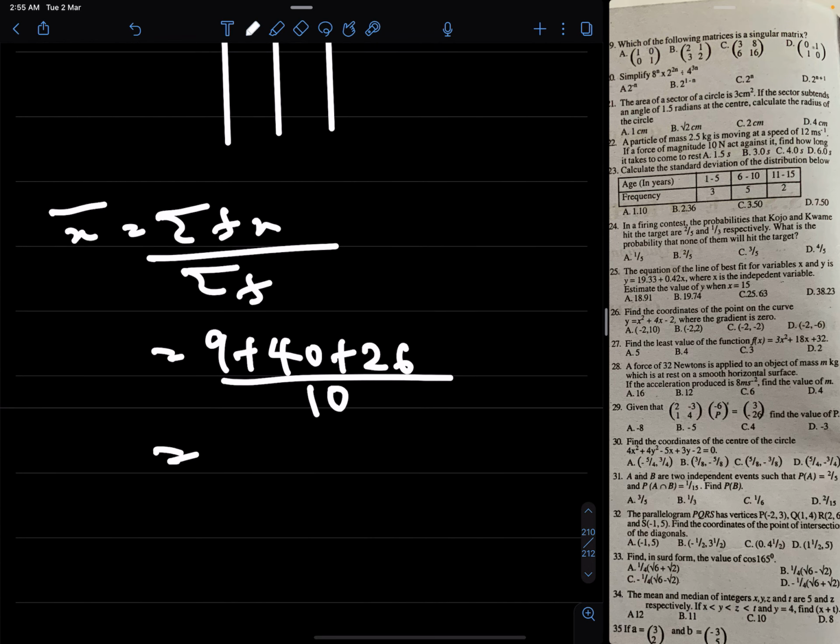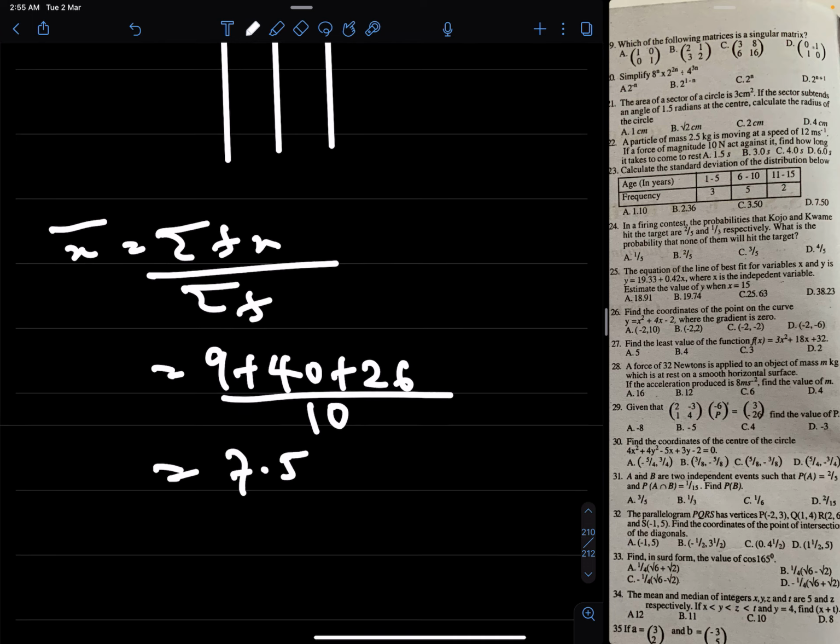That's 9 plus 40 plus 26, which is 75 over 10, and that's 7.5. So mean is 7.5.